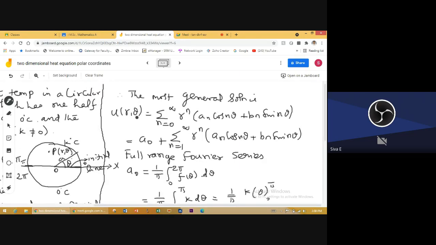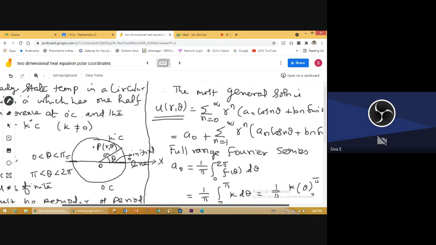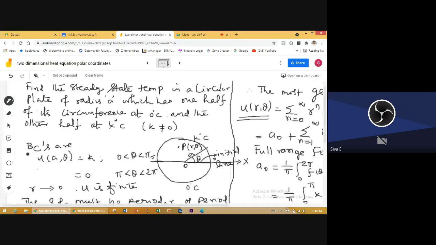So that is u of r comma theta we are going to get, but we have to apply u of a comma theta. That is a boundary condition actually. u of a comma theta is k. We are not doing it for u of r comma theta; we have to apply the Fourier series for u of a comma theta only.